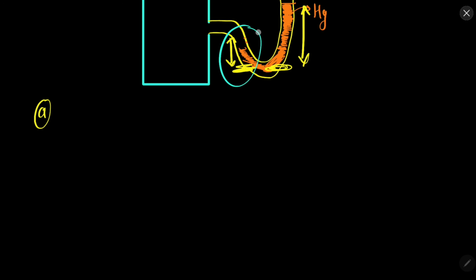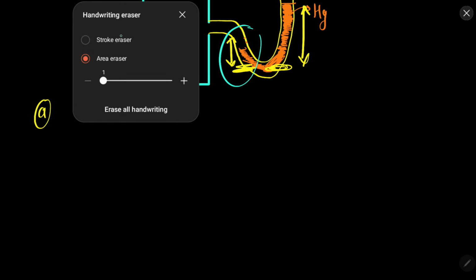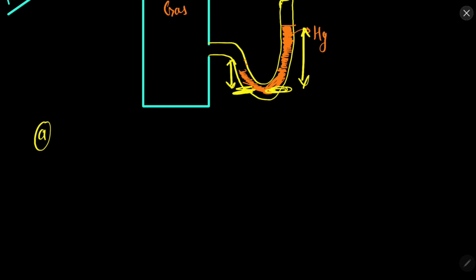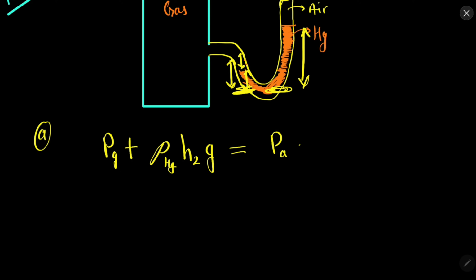So here some part of the pressure is due to the gas, this much part is due to the gas, and this much part is due to the mercury. So pressure due to gas plus pressure due to mercury, which is rho g h, that is rho of mercury's density, into h2 into g, will be equal to, here air is present, so pressure due to air plus this much, which is rho g h again, into h1 height into g.